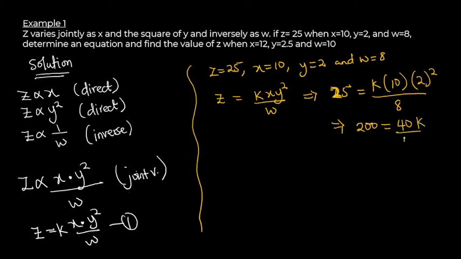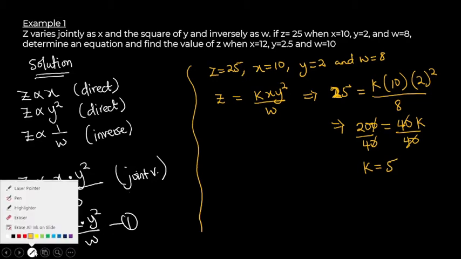So we divide both sides by 40 to get the value of our constant. So our k, which is our constant, becomes 200 over 40, which is 5. So our variation constant or our proportionality constant is equal to 5.